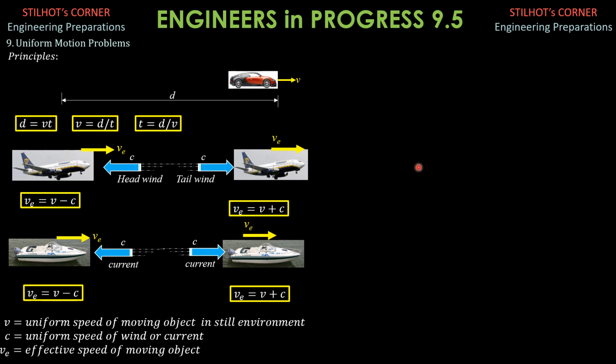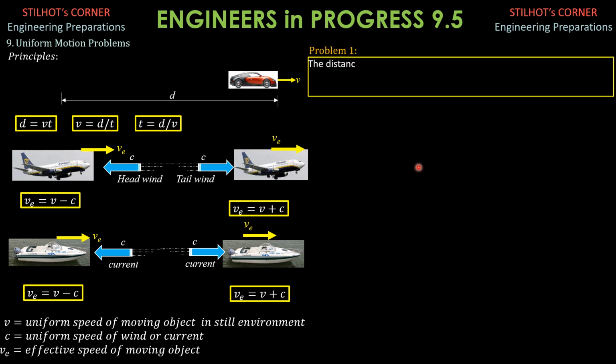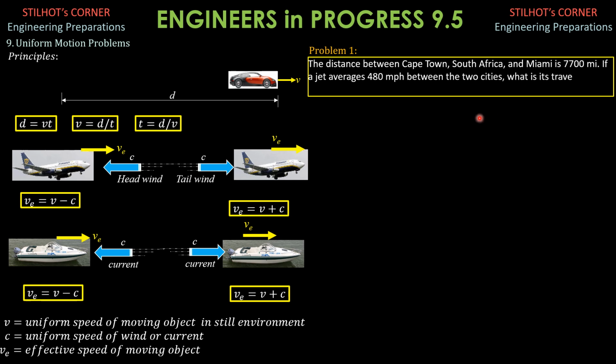So let's now have an example to warm up the problems here. The distance between Cape Town, South Africa and Miami is 7,700 miles. If a jet averages 480 miles per hour between the two cities, what is its travel time in hours? So travel time is equal to distance over speed.